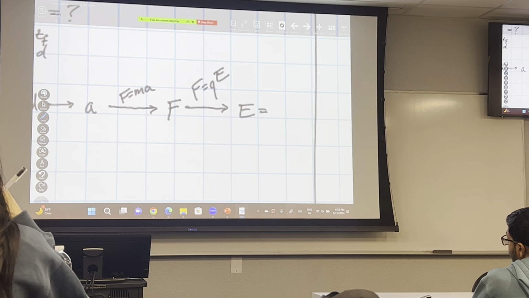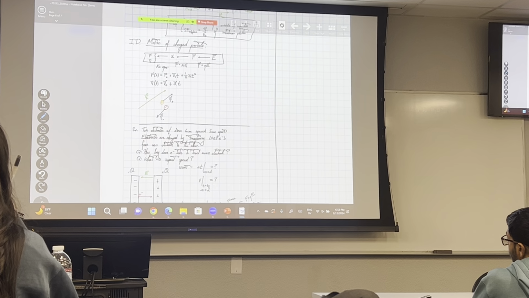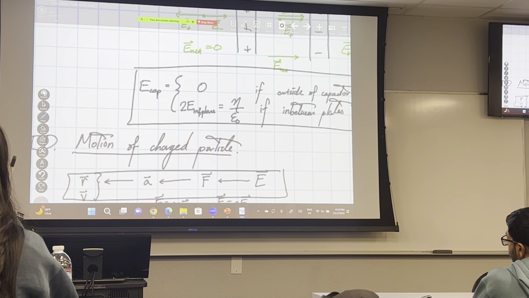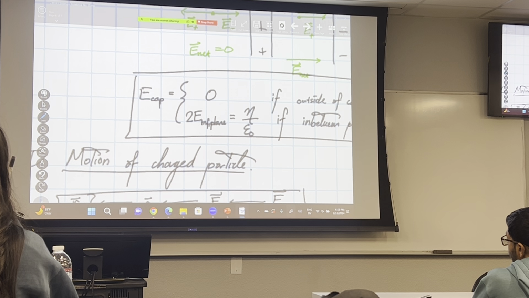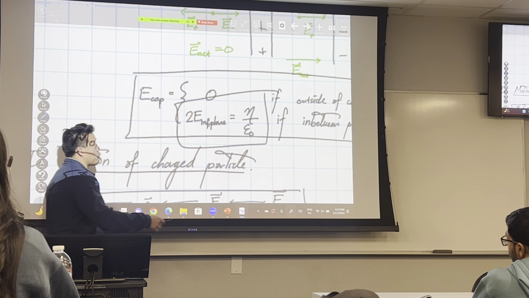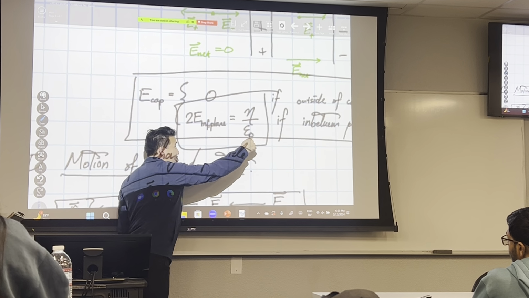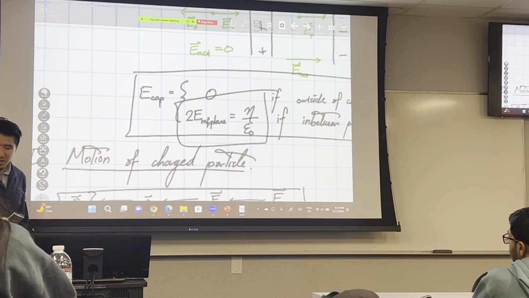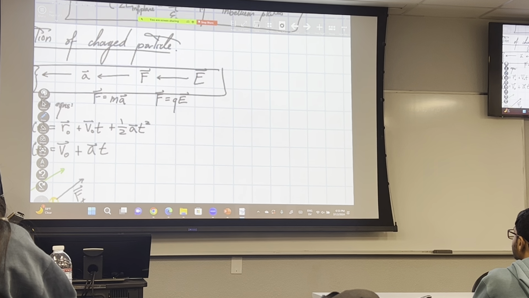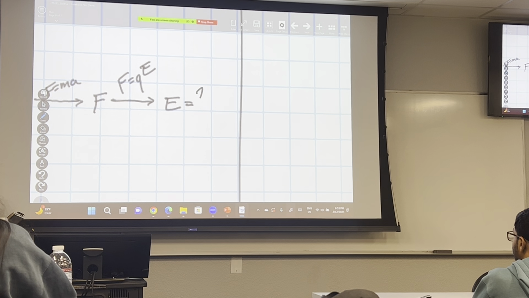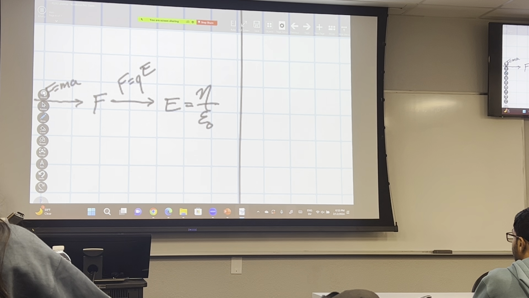Well, the answer is yes, because we talked about the parallel plate capacitor, which is exactly what we have. The electric field inside a parallel plate capacitor is given by this expression, eta over epsilon naught. That is the electric field that we are looking for. So this is equal to eta over epsilon naught.